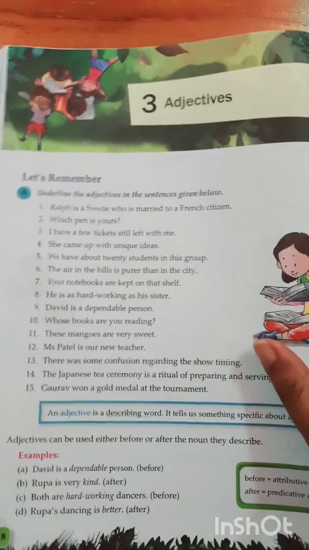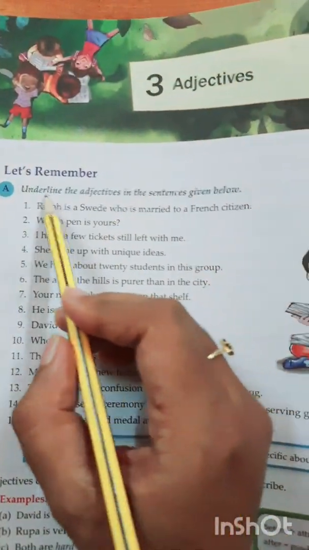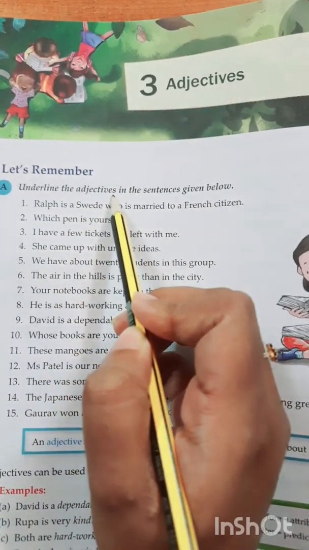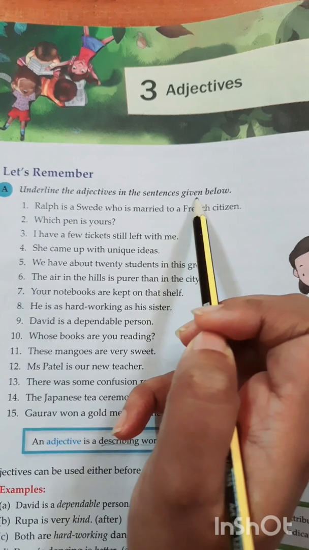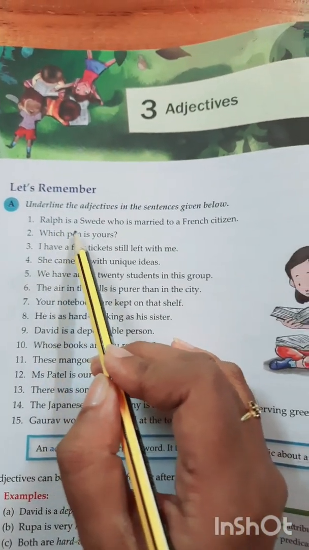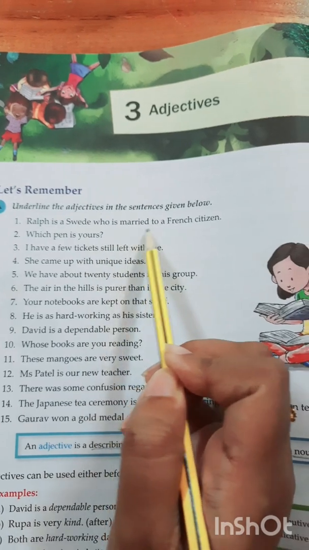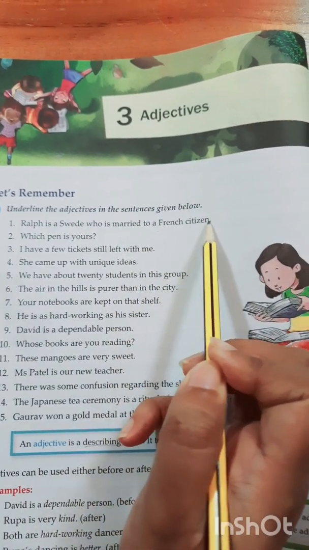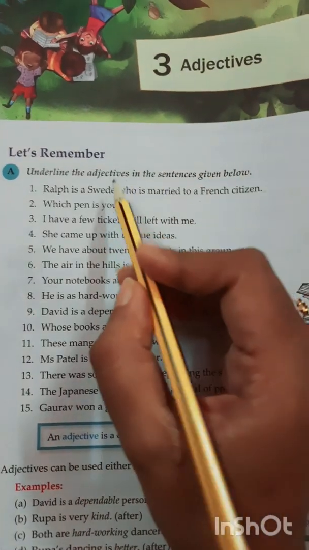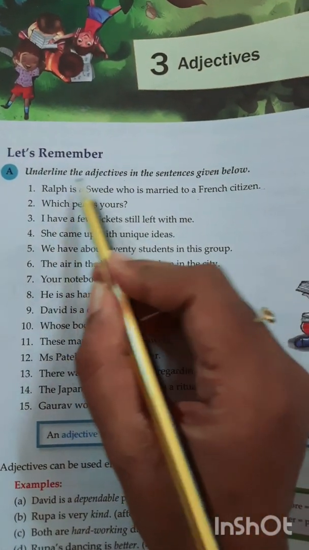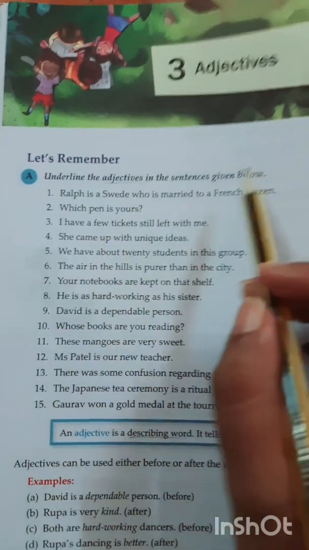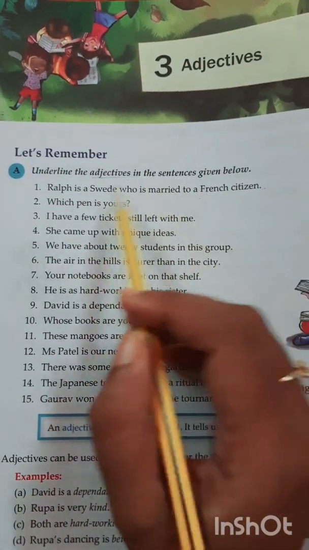Here, children, what's the first question? Underline the adjectives in the sentences given below. Ralph is a Swede who is married to a French citizen. You are asked to underline the adjectives. So what are the adjectives here?